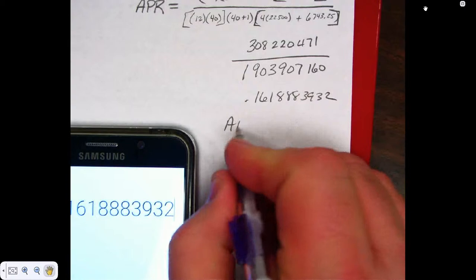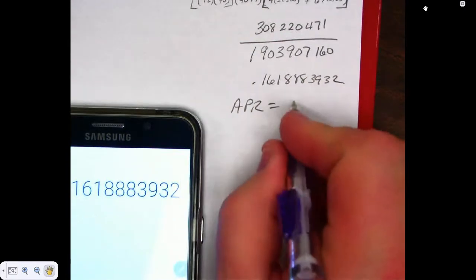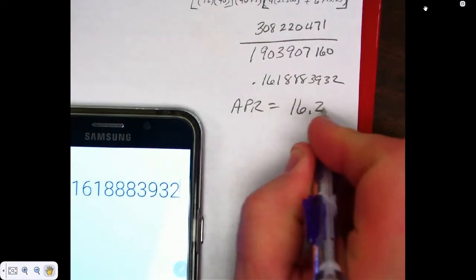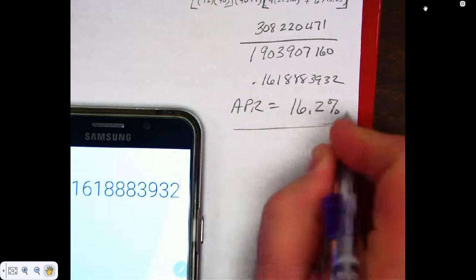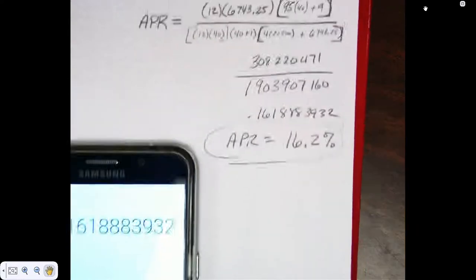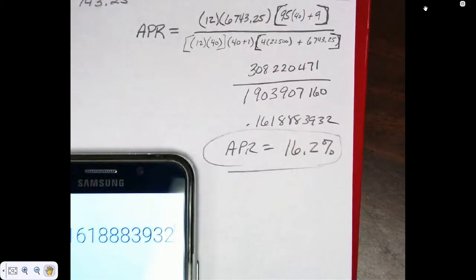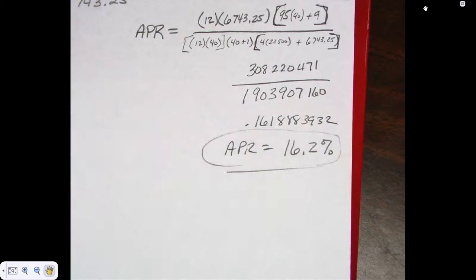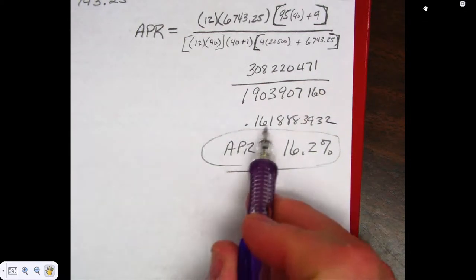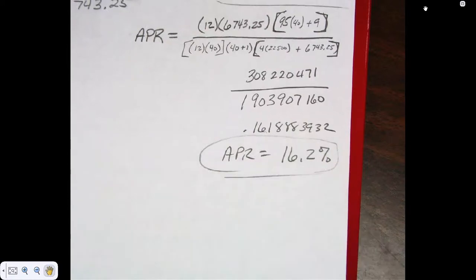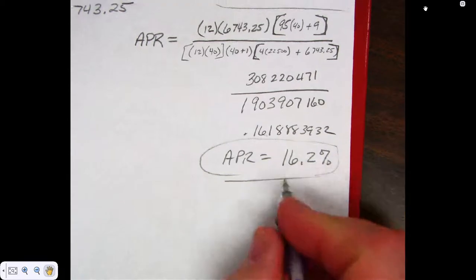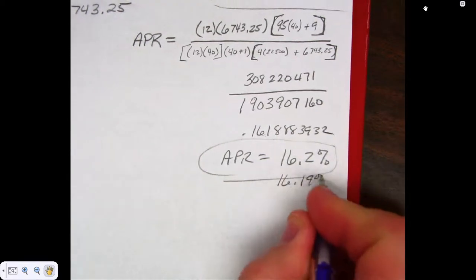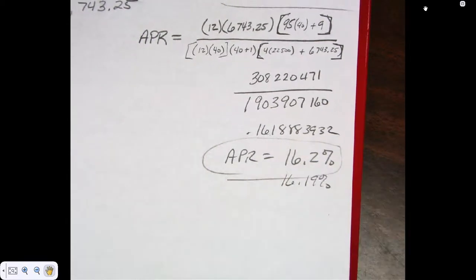So what is our APR? 16.2%. Well, the book has 16.19%. I think if you have either or, you know what you're doing, right?